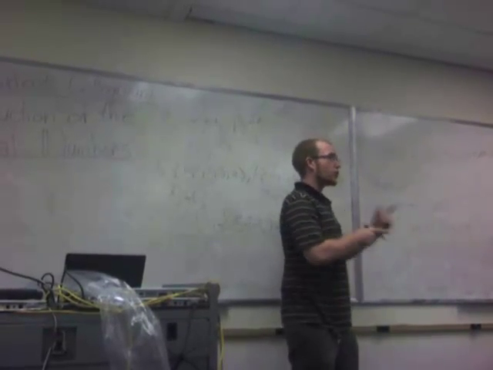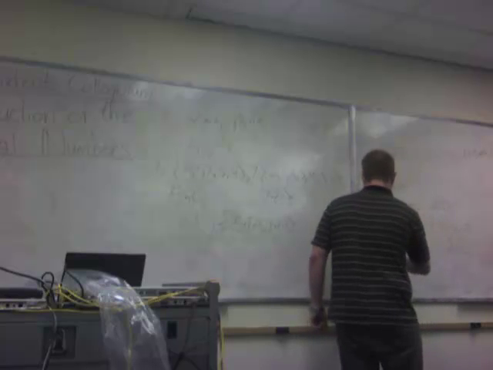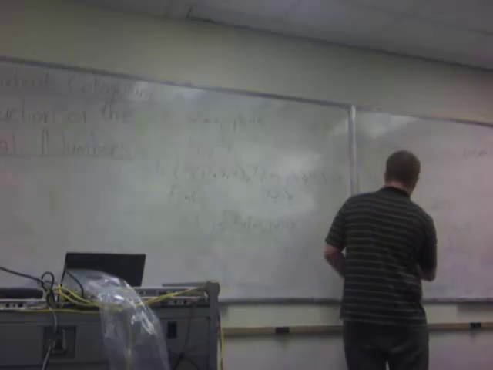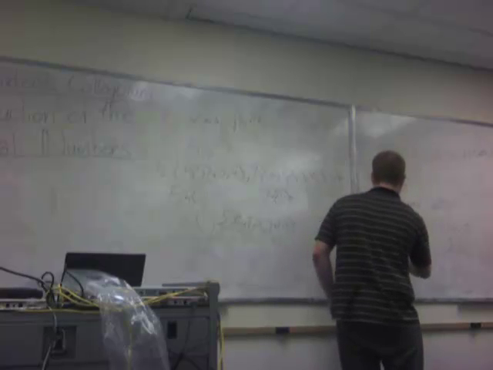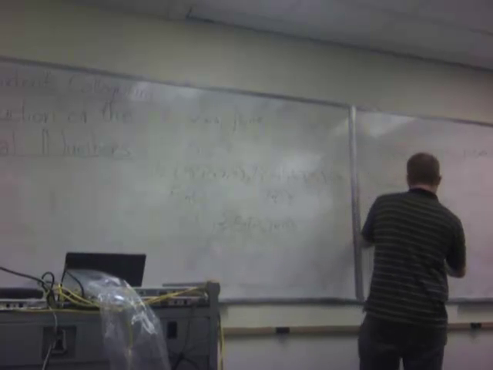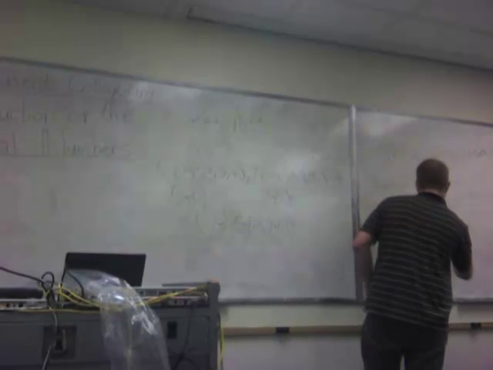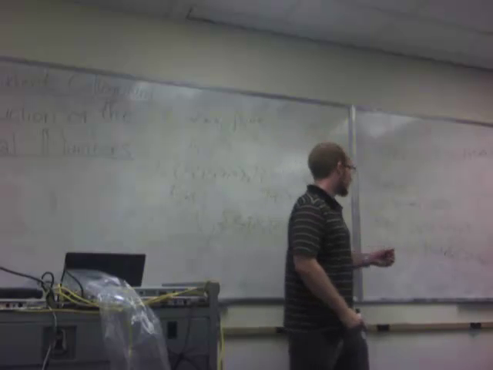The other property we have is the one-to-one property, which says that for every x1, x2 element in x, f of x1 is not equal to f of x2 implies that x1 is not equal to x2. So is that wrong? Well, I have inequality implies inequality.